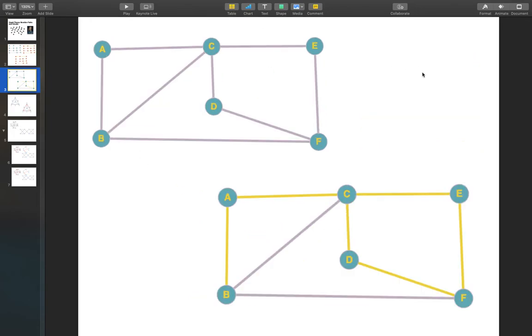So, let's apply this theorem. So, let's consider this graph. Note that E, D, and A are all of degree 2, right? So if we are to generate a Hamilton circuit for this graph, we have to include all the edges incident to these vertices. So ito yung mga naka-highlight dito.